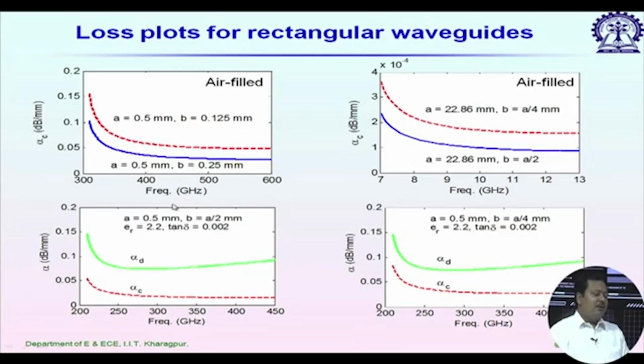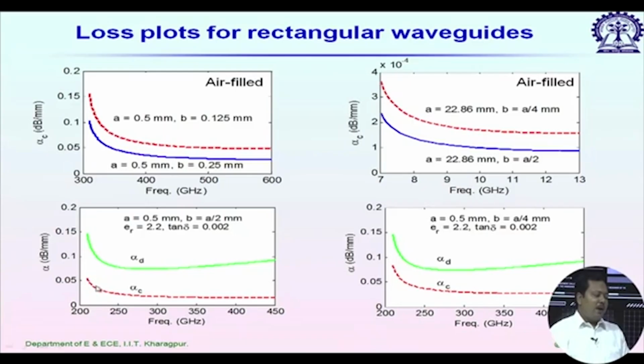Now, let us introduce some dielectric inside the waveguiding structure. So, the same waveguide with similar dimension, but we are using a dielectric material of dielectric constant 2.2 and the loss tangent is 0.002.